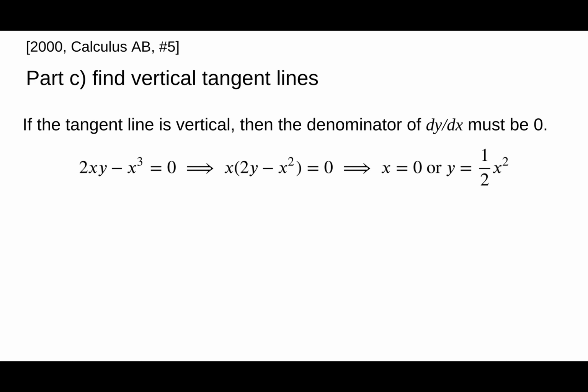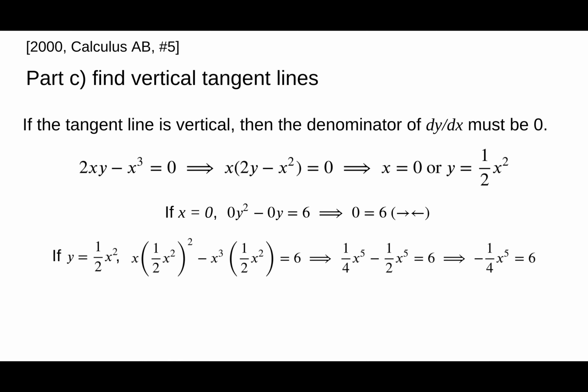That will equal 0 whenever x is 0 or when y is equal to 1/2 of x squared. If x is equal to 0, we can substitute 0 in for x into the original equation. 0 times y squared minus 0 times y equals 6 is never true. 0 is not equal to 6, so that is a contradiction. So if x is equal to 0, we're not going to get a vertical tangent line.